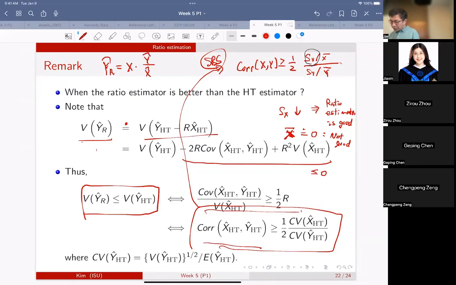right? In simple random sampling, this is the population mean of X and the sample mean of X, and then Y bar, something like that. So if the population mean of X is close to 0, that means the denominator of your ratio estimator will be very close to 0, right?